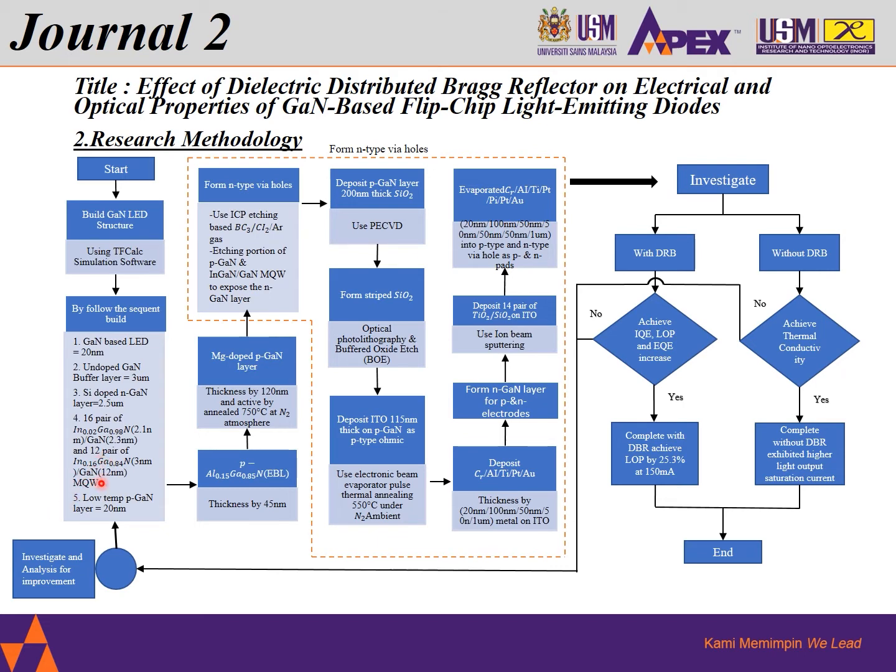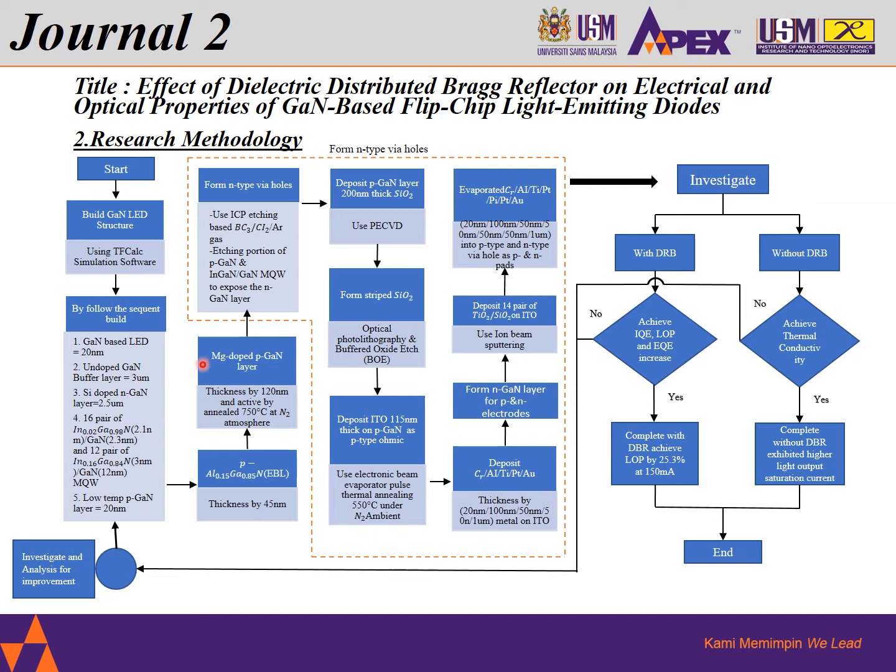Then afterwards will be the p-AlGaN, aluminum 15% and gallium 85%, as an EBL, with a thickness of 45 nanometer. Then will be formed an Mg-doped p-GaN layer with a thickness of 120 nanometer and activated by annealing at 750 degrees in an N2 atmosphere.